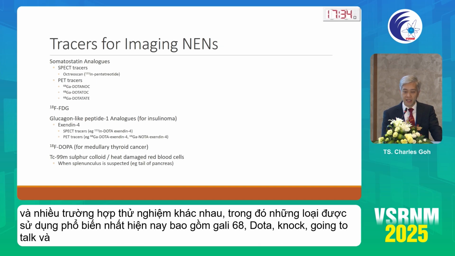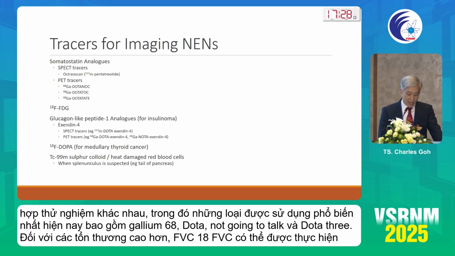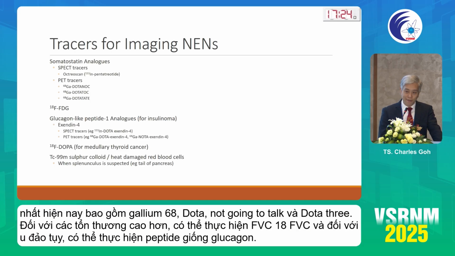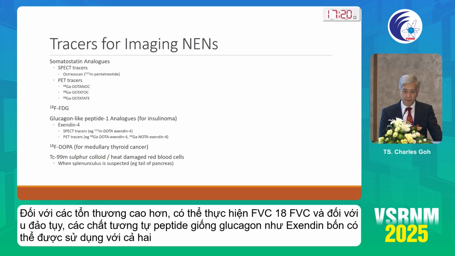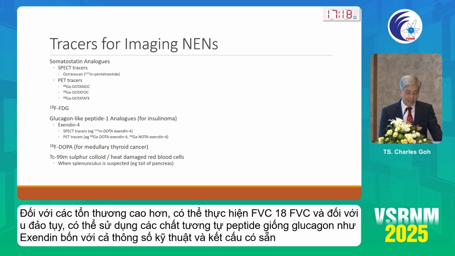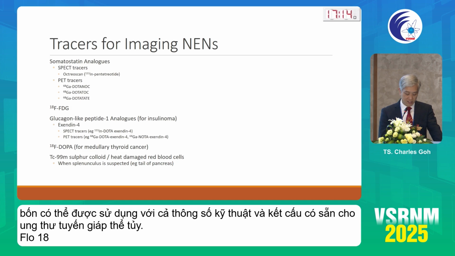For higher grade lesions, 18F FDG can be performed. And for insulinomas, glucagon-like peptide analogs such as exendin-4 can be used with both SPECT and PET tracers available. For medullary thyroid cancers, fluorine-18 DOPA can be used as well.